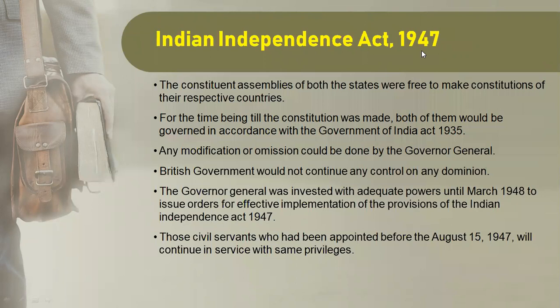The Indian Independence Act 1947 actually brought good respite to a lot of people, and it changed the way politics functions, or how the constitution should be abided by citizens. And from here we see India as a country had its own constitution.